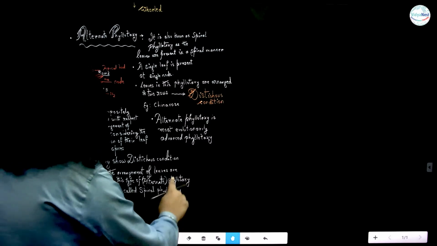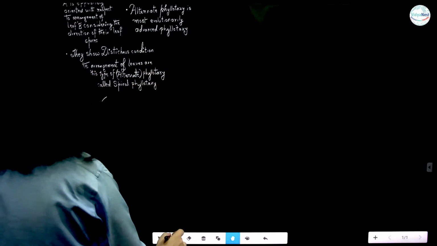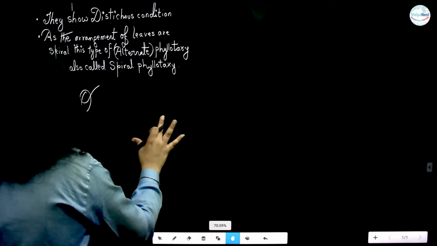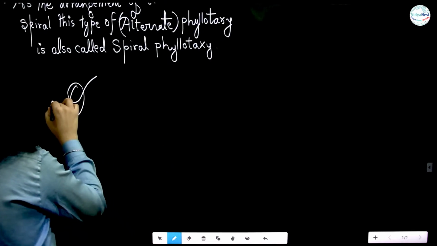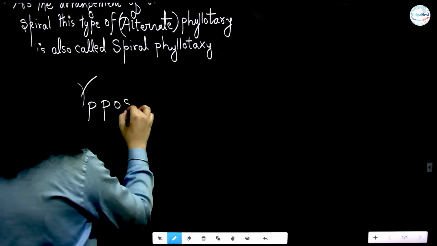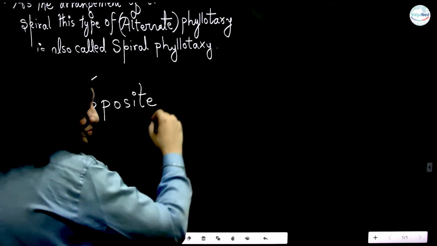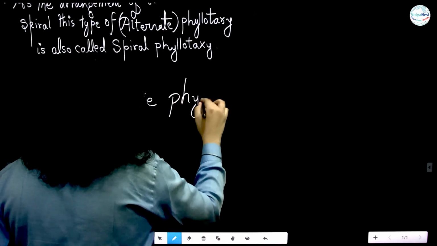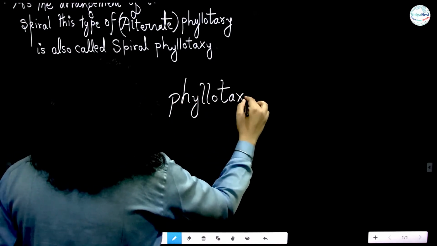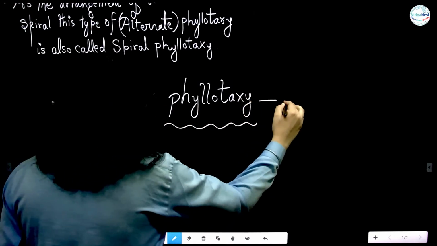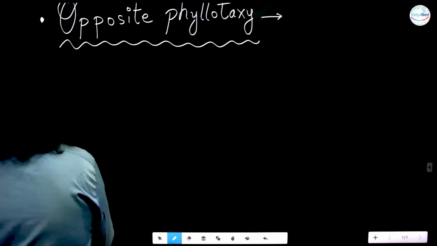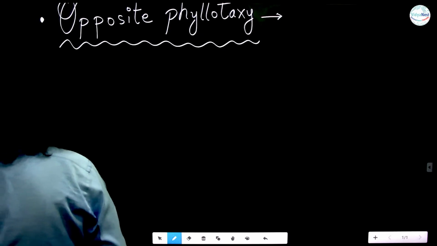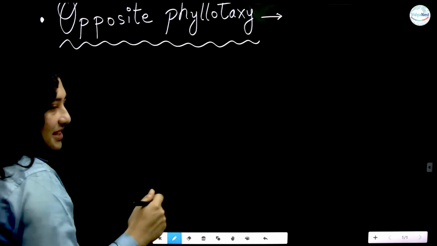And next we are moving on to the next part, that is the opposite phyllotaxy. Now what happens in case of opposite phyllotaxy?